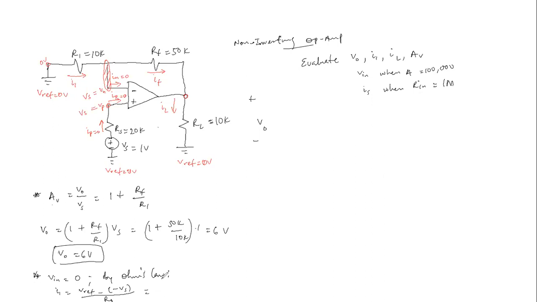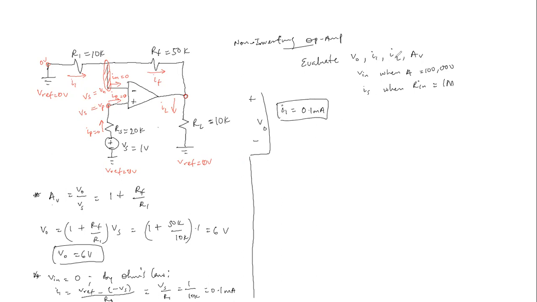Now this will give us 0 minus minus, that's plus. That will give us V sub S divided by R1, which is 1 over 10k, which is the same as 0.1 milliamps. So it means that I sub 1 is the same as 0.1 milliamps.